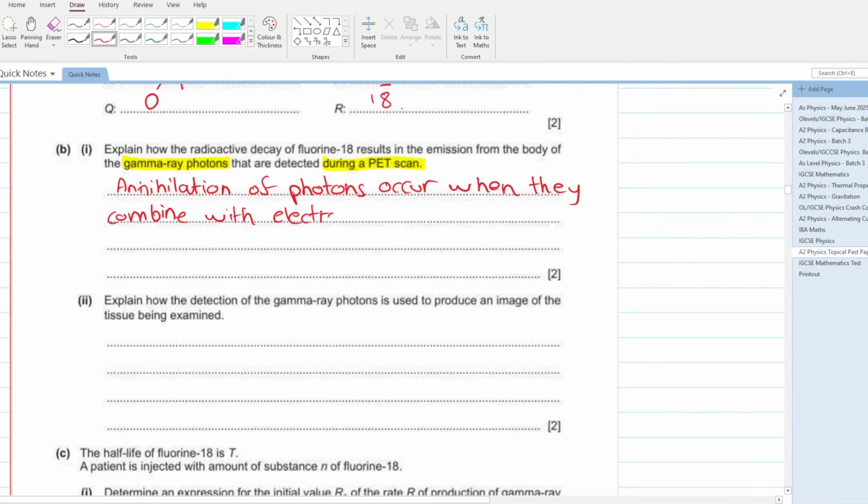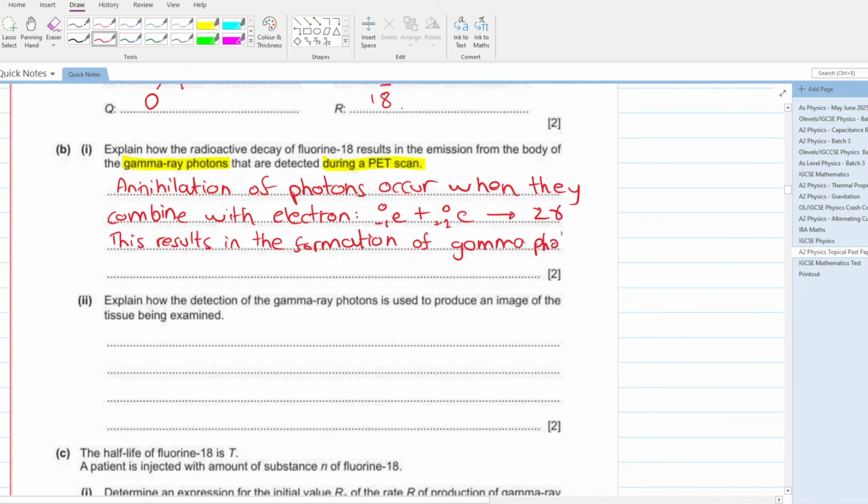Basically, what is the equation of this process? Electron plus positron results in what? Results in the formation of gamma photons.